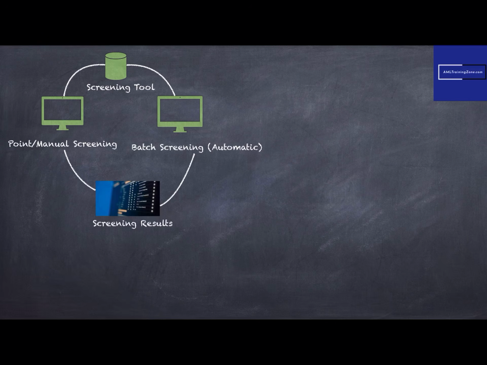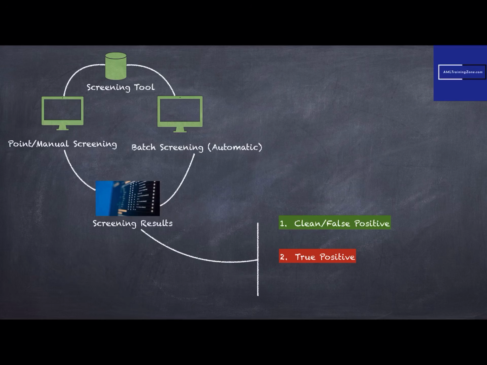You can select different categories of lists, such as PEP, sanction, internal watch list, etc., to be screened against, depending on your bank's processes and guidelines. When the search is completed in the screening engine, the screening result will be any of the three: it can be a false positive, a true positive, or a potential hit.